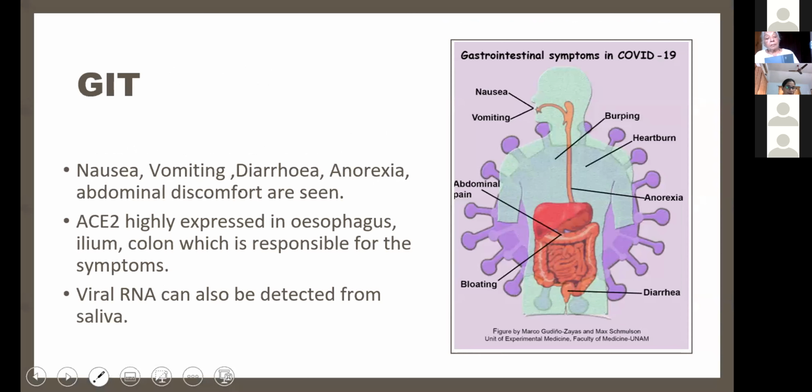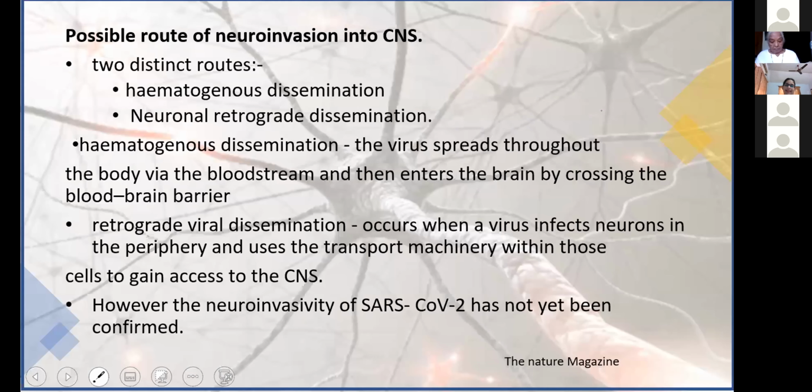GIT: as I said before, the esophagus, ileum, and colon all widely express the ACE2 receptors, and viral RNA has also been detected in the saliva. And this is a summary of all the clinical symptoms that you see in the GIT: burping, heartburn, anorexia, diarrhea, bloating, etc.